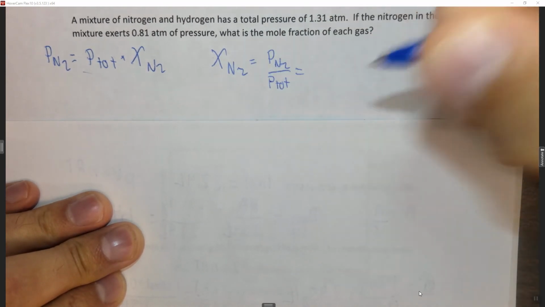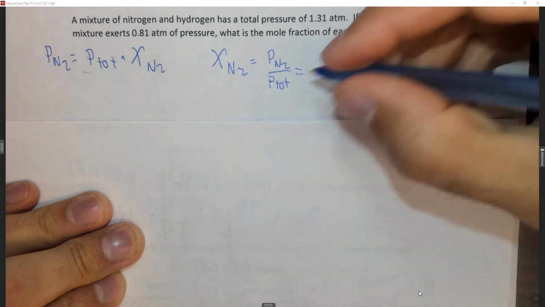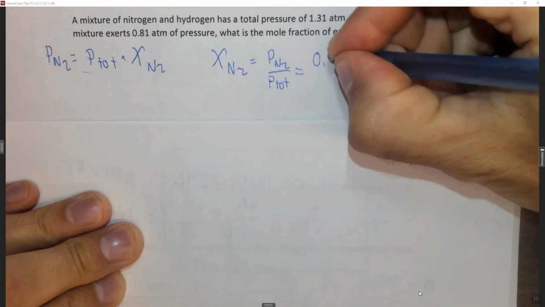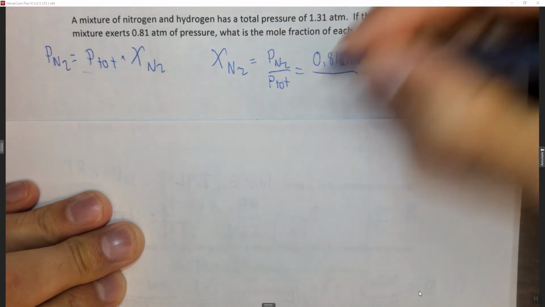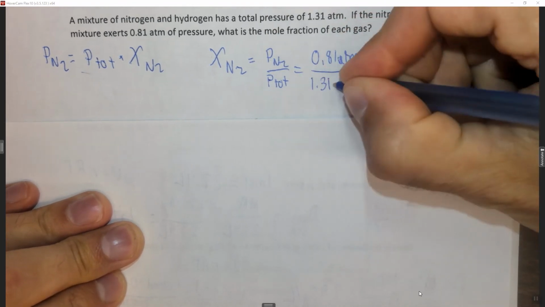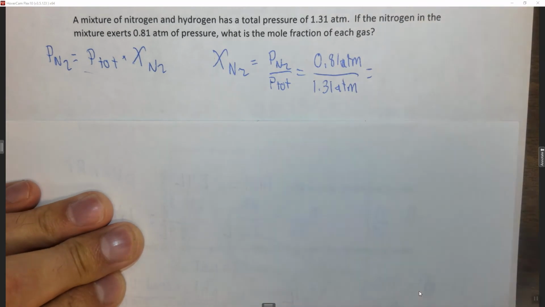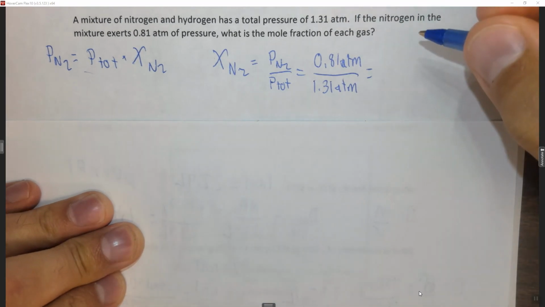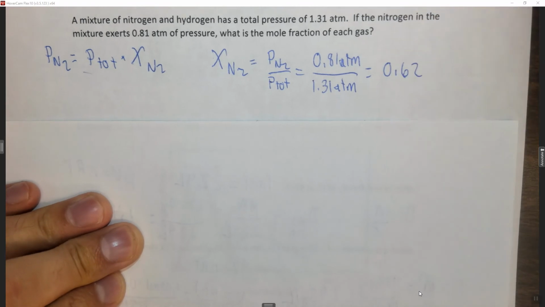We take the total pressure, which is 1.31, and use the pressure of nitrogen, which is 0.81. So we have 0.81 atmospheres on the top, and 1.31 atmospheres on the bottom. And when we do that, we find that the mole fraction of nitrogen is 0.62.